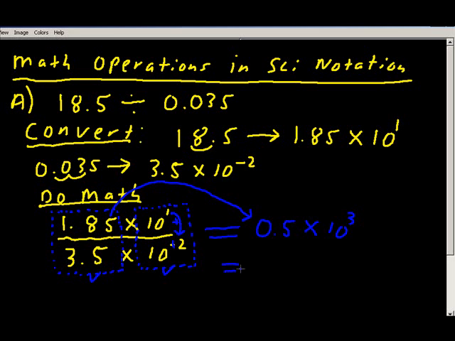What you want to then do is convert it to the scientific notation answer. And you'll notice we have to move it over 1 there, which means you made a smaller number become a bigger number, so this has to come down 1.